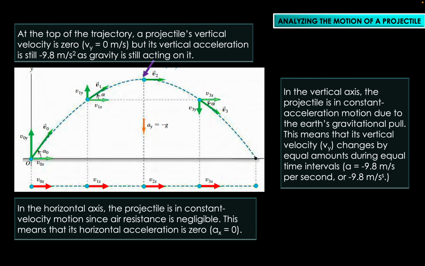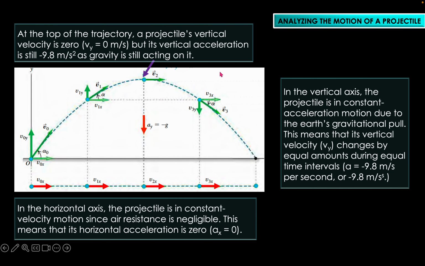But take note, a common misconception: some students think that the vertical acceleration also becomes zero at the top, but that's not quite true because even at the top of the trajectory of a projectile, gravity is still acting. So the object is still going to change its velocity. Going down, the object will speed up by 9.8 meters per second every second, because gravity won't stop acting on it even if it gets to the top.